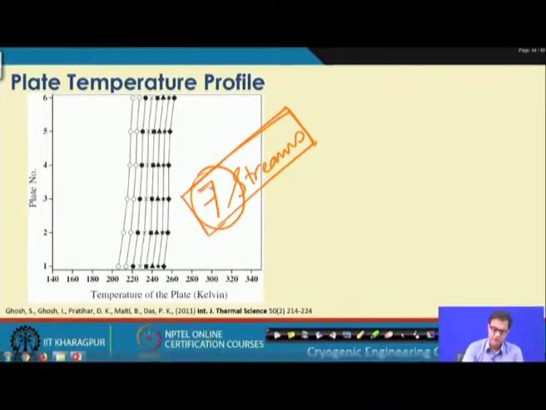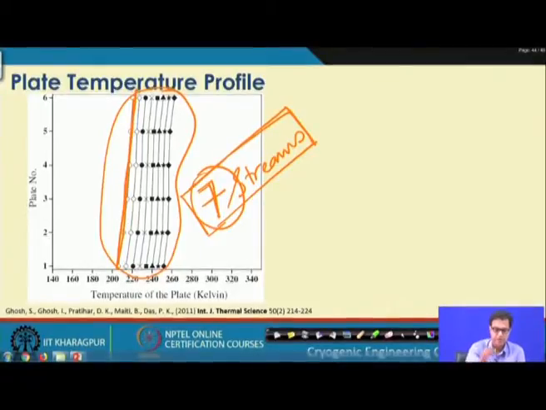Corresponding to that situation, we find that this optimum stacking pattern gives heat transfer along the length at a particular cross section. This is the kind of temperature at different plates, at different locations, and it is more or less uniform.